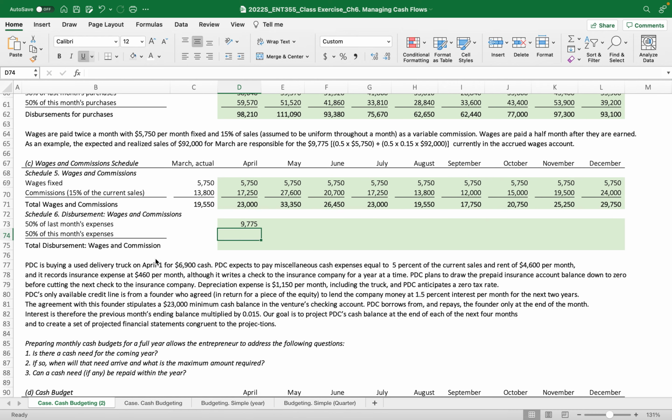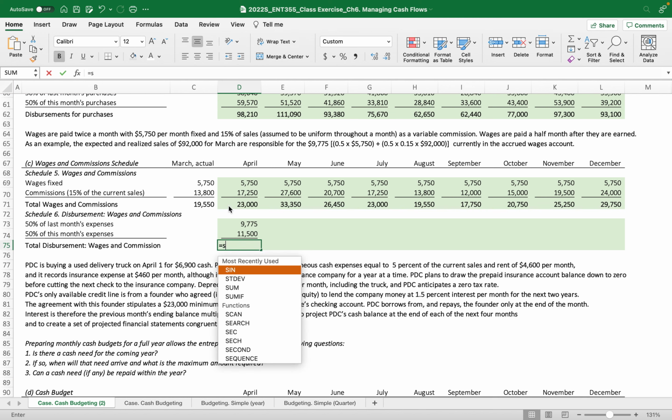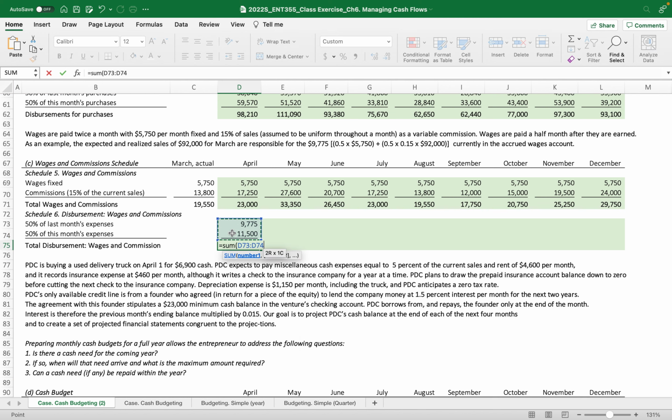Now we extracted this amount. And then 50% of this month's expense times 50%. And then the total disbursement is the sum of these two.